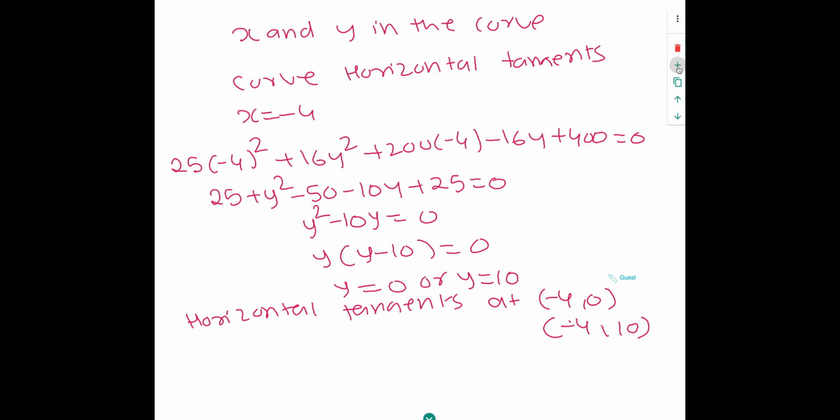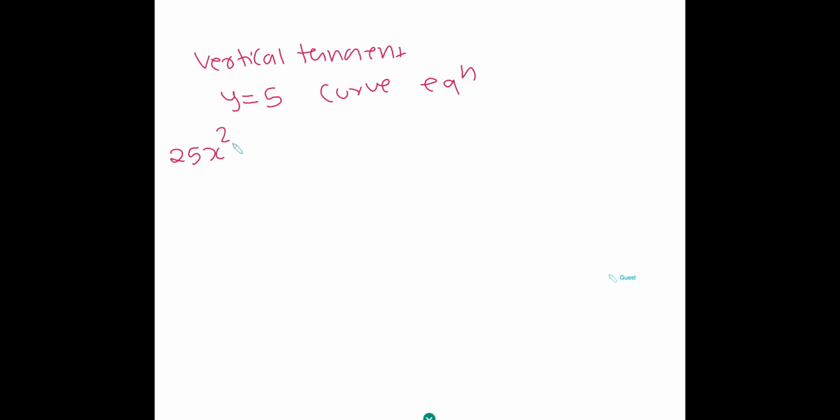So the points where the curve has a vertical tangent: we put y equals 5 in the curve equation. So 25x squared plus 16 times 5 squared plus 200x minus 160 times 5 plus 400 equals 0.